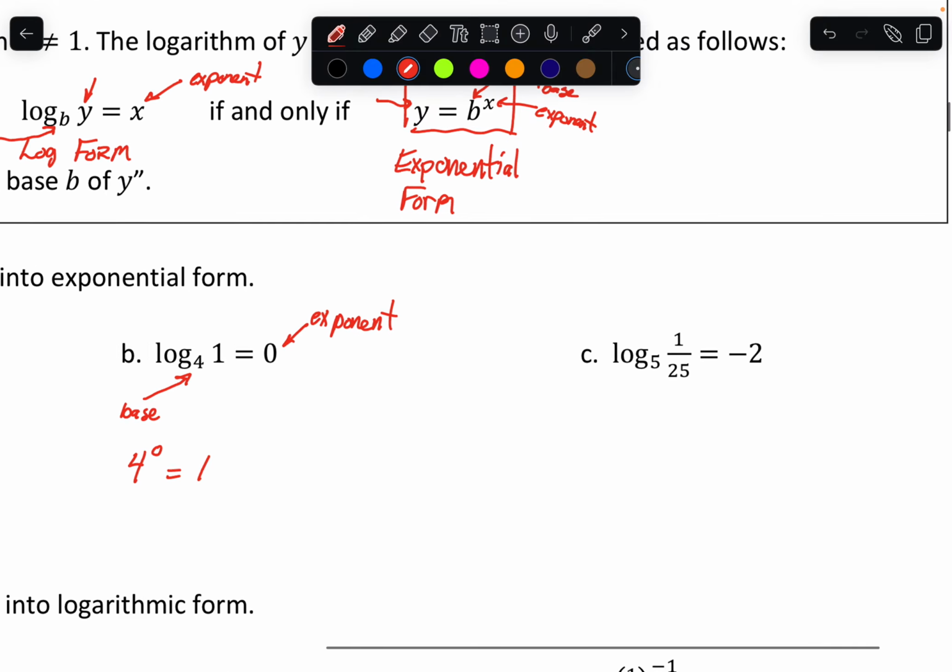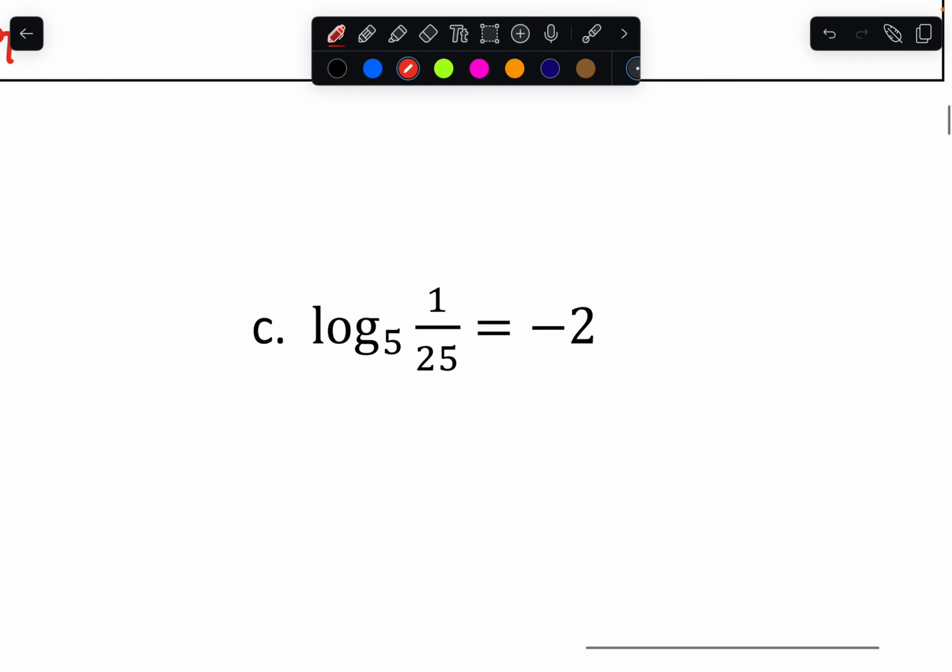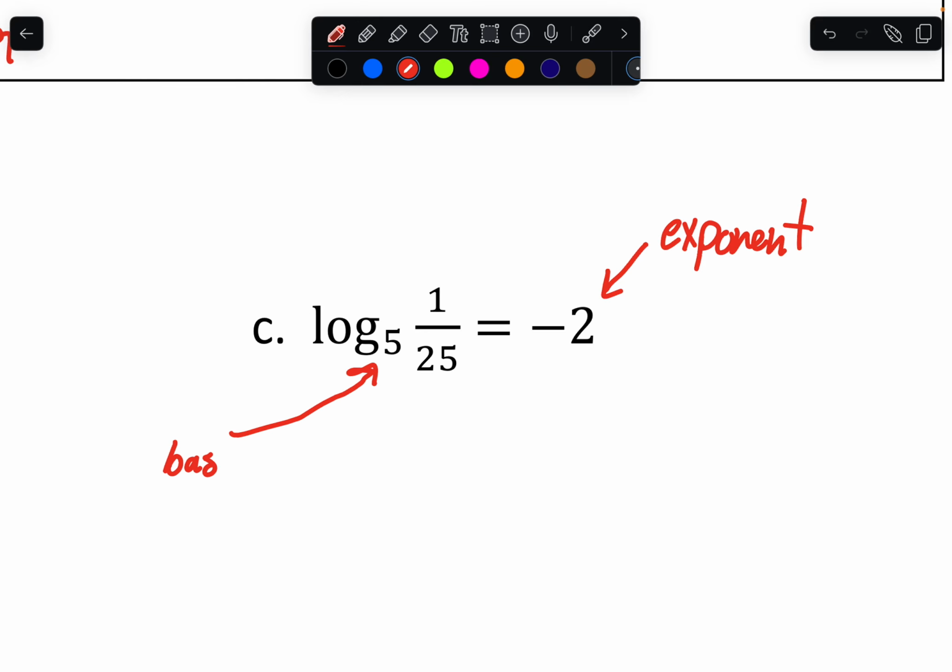Same thing here, only now we have a fraction. Again, we're just looking at where things are in log form. In log form, the exponent's by itself. The base here is the little subscript. We're not multiplying 5 times 1 over 25, and we're not adding. This is kind of a special form, where I'm looking at this little subscript as being my base.